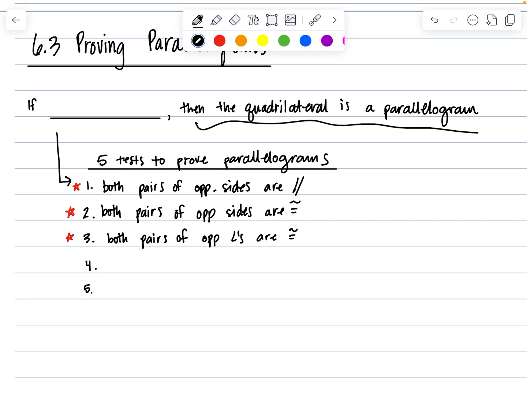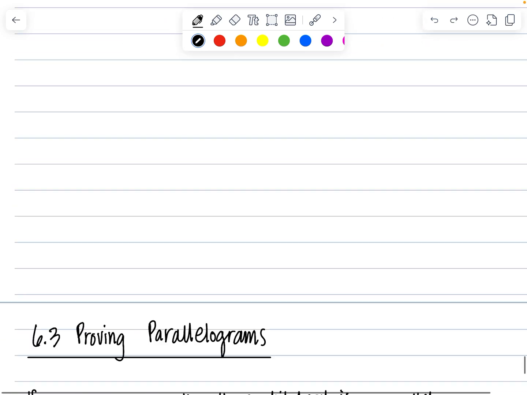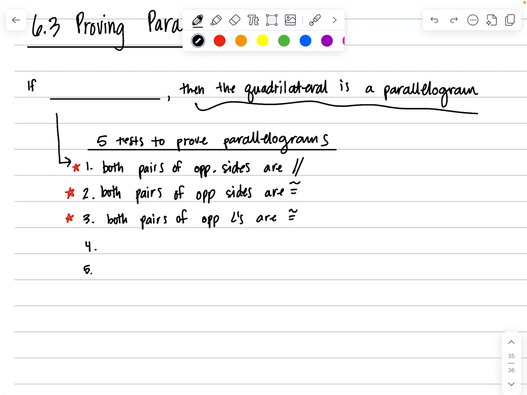But number 5 here says diagonals bisect each other. And that is actually also true. If we see a quadrilateral where diagonals bisect each other, then the quadrilateral is a parallelogram.